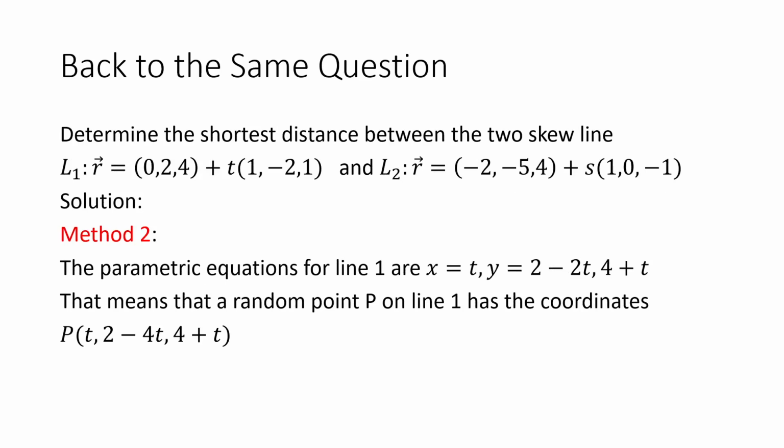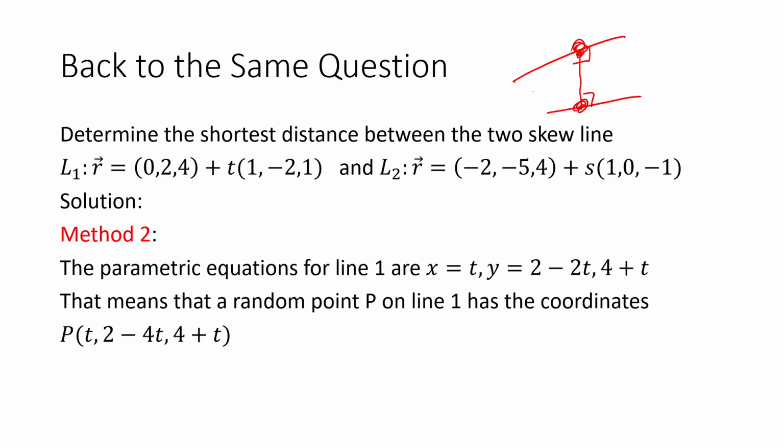The reason I like this other method is because it lets us find the point on each one of these skew lines which is representing the shortest distance. See, we've got these two skew lines in three-dimensional space, and there's a shortest distance between them. And we just found a way to do it, but what we never found is the actual point on each one of those lines that is representing that shortest distance.